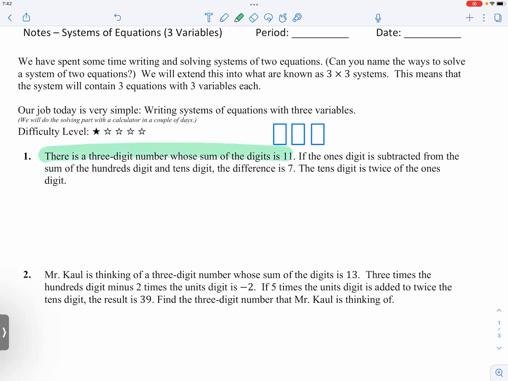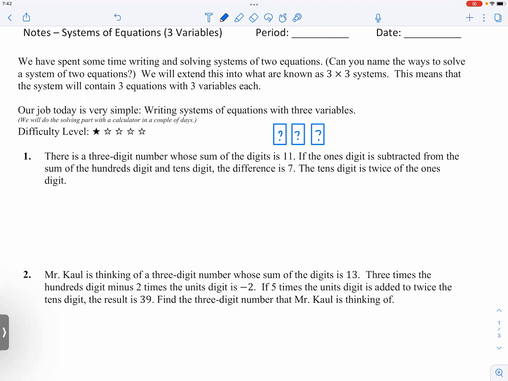Our job is to make sure that we write down the relationships based on the sentences. We have 3 slots. We need to first figure out what to use to represent each of these digits.